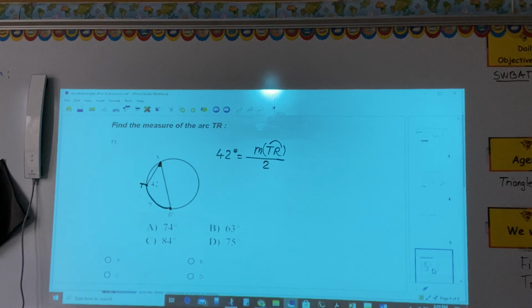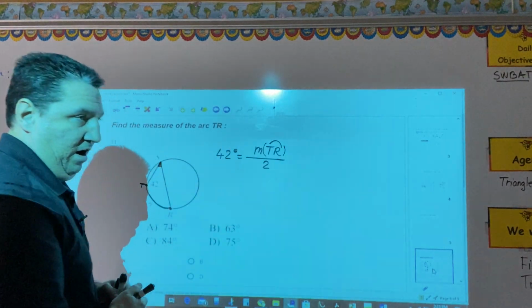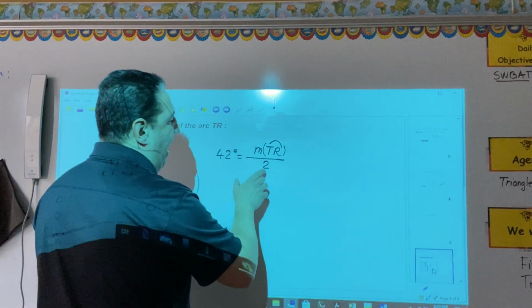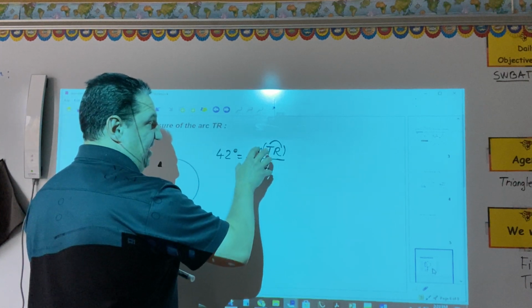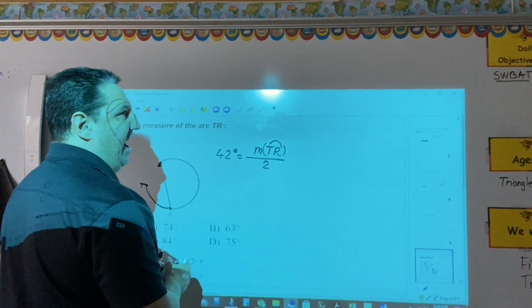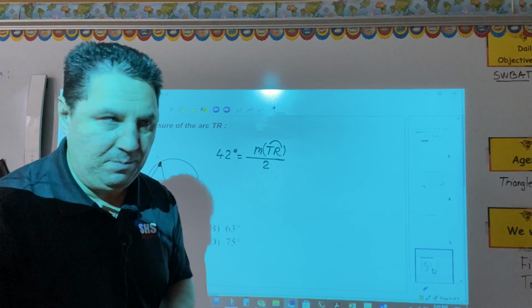Now, to find the measure of arc TR, we have to get rid of 2 because 2 is in the denominator of the fraction. To get rid of 2, we apply the inverse operation of division, which is multiplication.